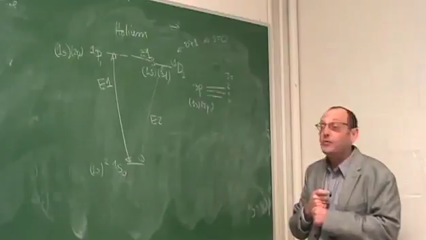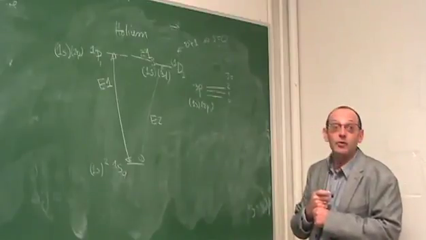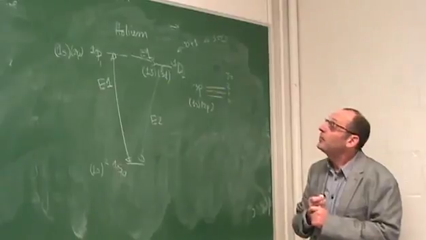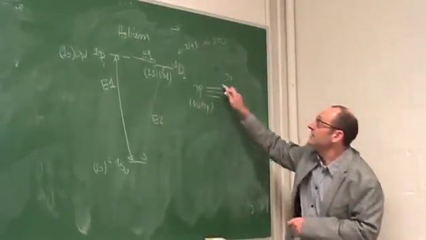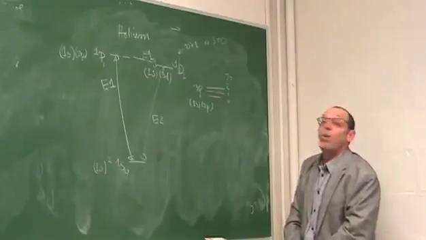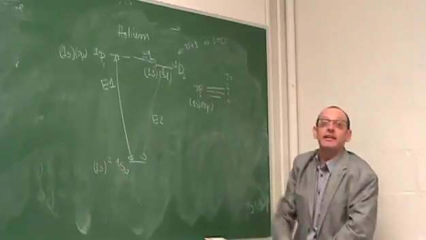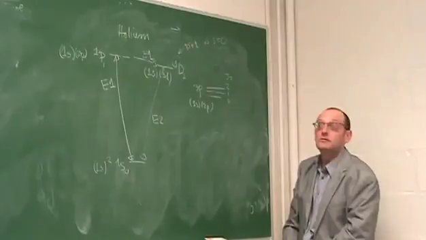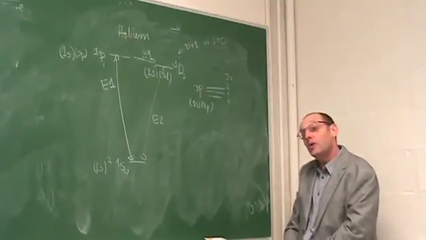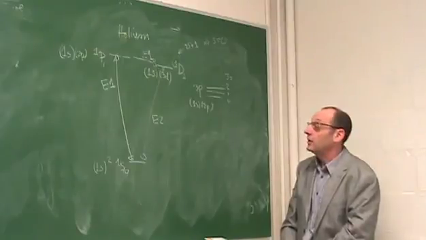Okay, that said, we still have J rules. So which of these transitions is E1 allowed, if it had a little bit of singlet in it? Well, I still have to have delta J change by 0, plus 1, or minus 1.